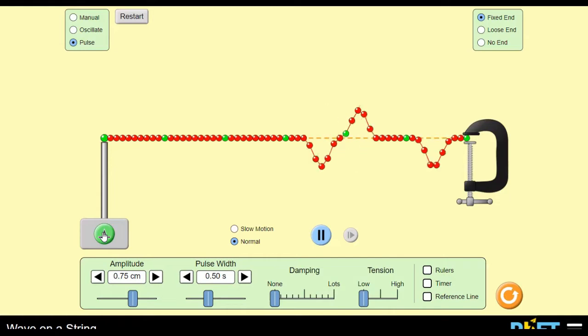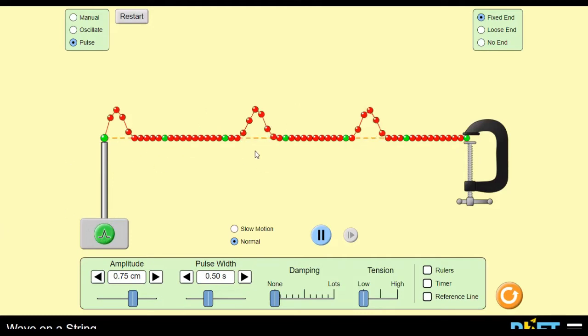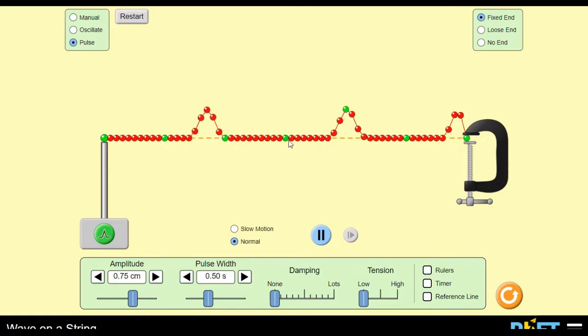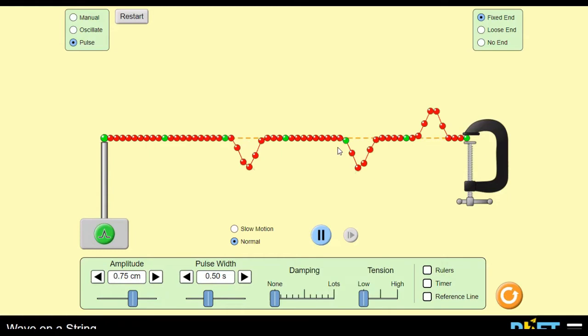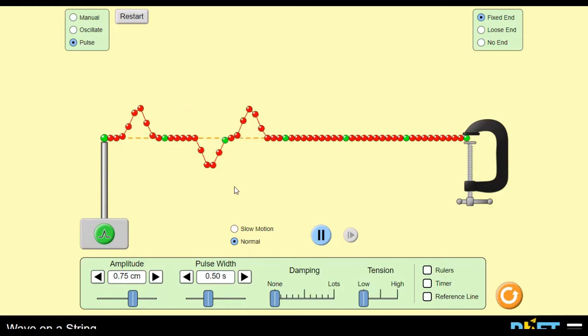It seems that when the two waves meet at a point, a particle at that point doesn't move. So that's basically the principle of superposition.